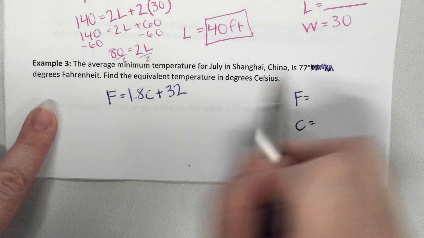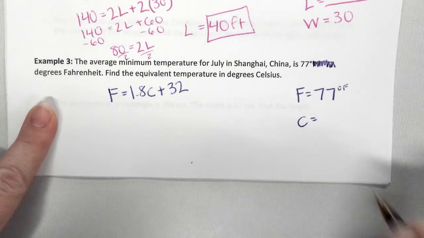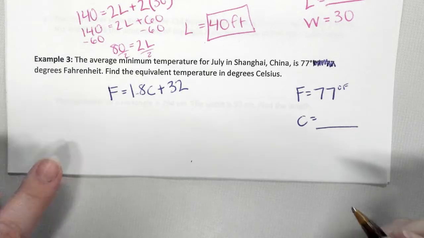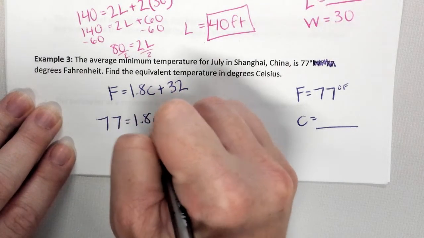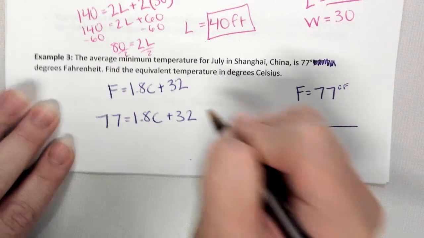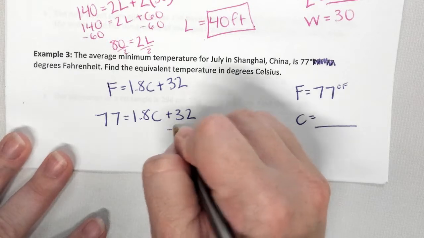And now it gave me 77 degrees Fahrenheit. So I know this. I don't know this. So 77 equals 1.8 C plus 32. So now I'm going to solve for C. So I'm going to get rid of my plus and minus first.